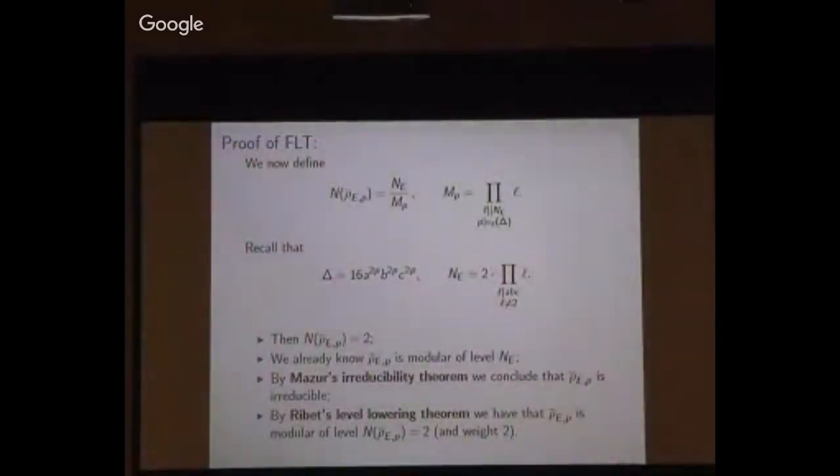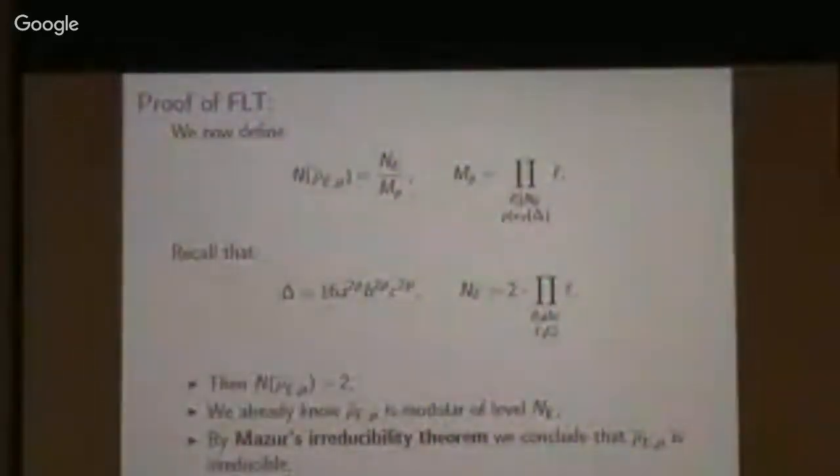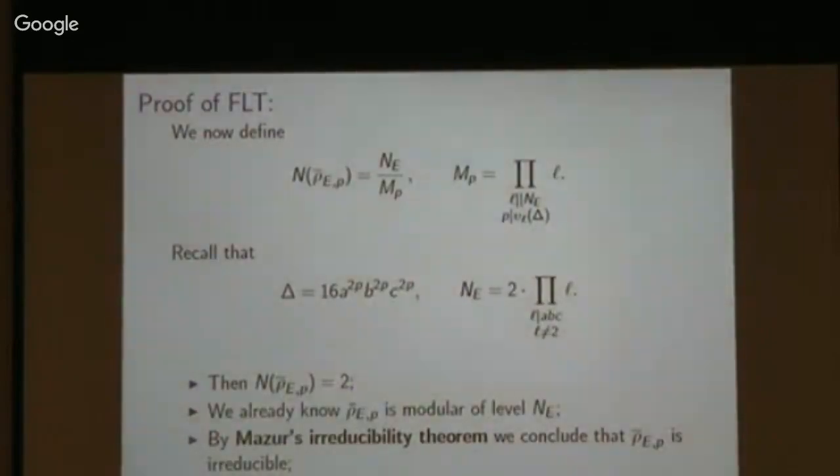But basically the conclusion is that under these two hypotheses, and with some extra technical conditions, we can actually have modularity of the mod P Galois representation for the level equal to this quantity, which we have just computed, and it's 2. So we have modularity of the mod P Galois representation at level 2 and weight 2.